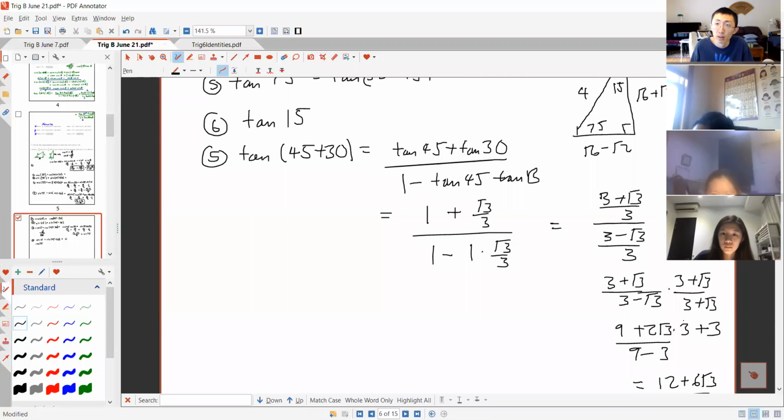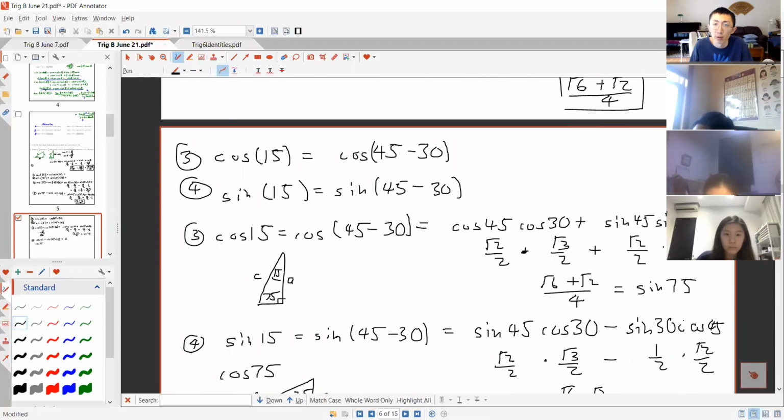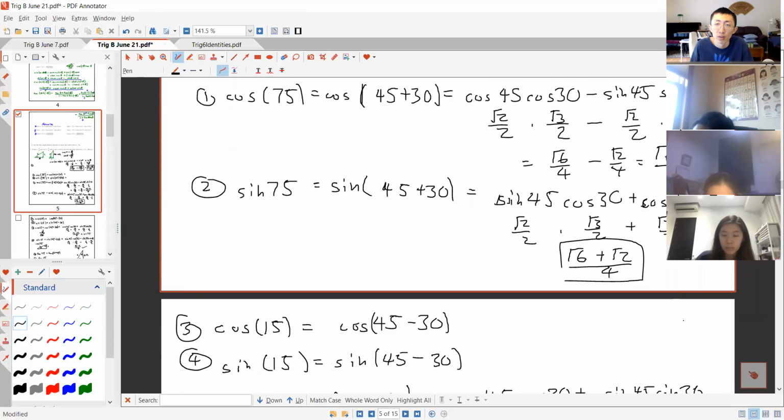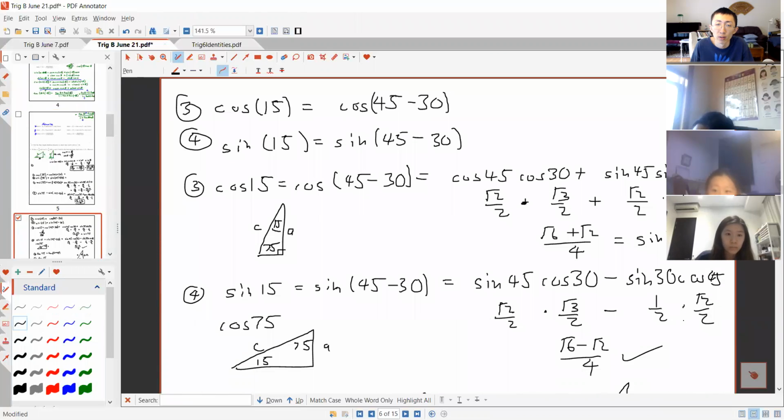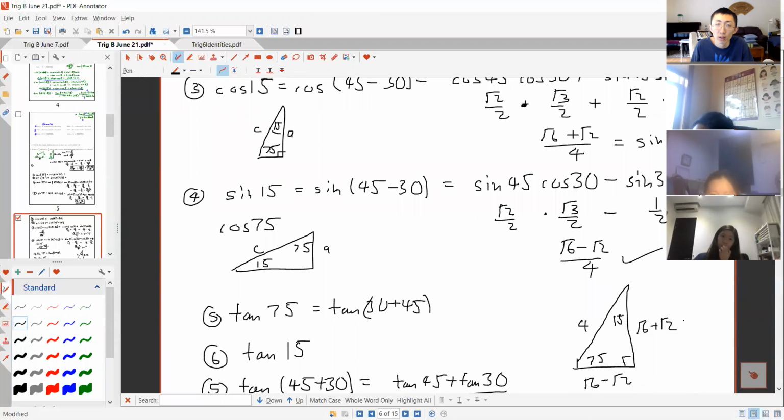Okay. And how else could we have gotten this based off of our previous work from above? What's another way of finding tan 75, if we already found sines and cosines?